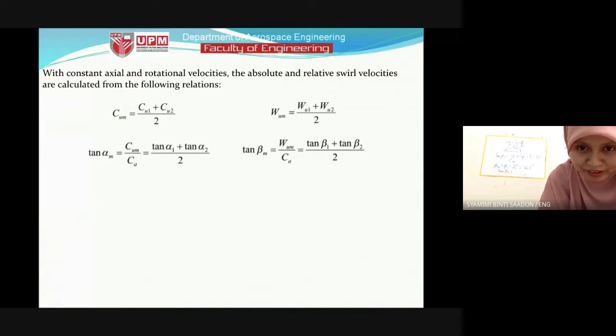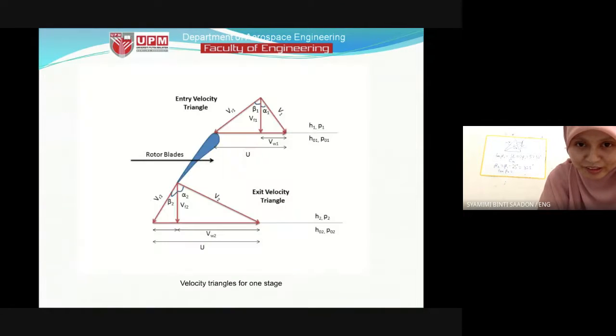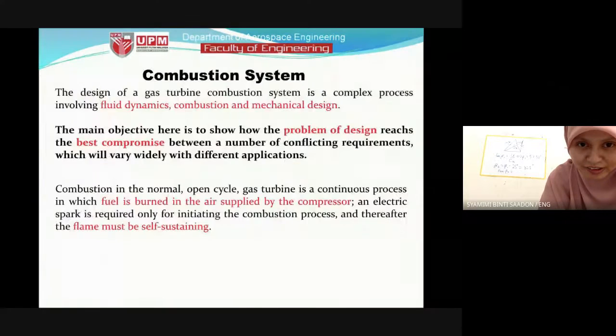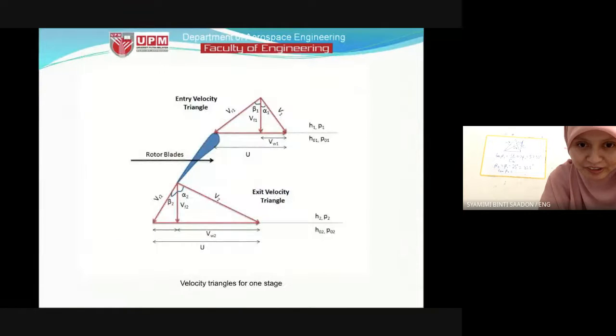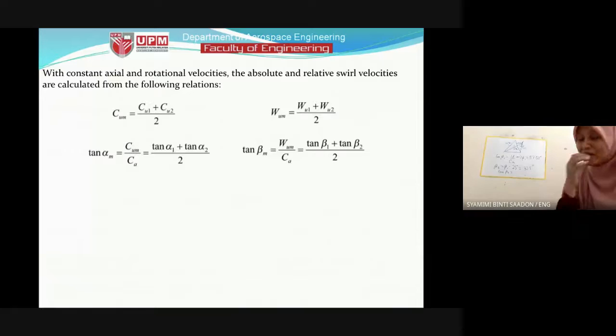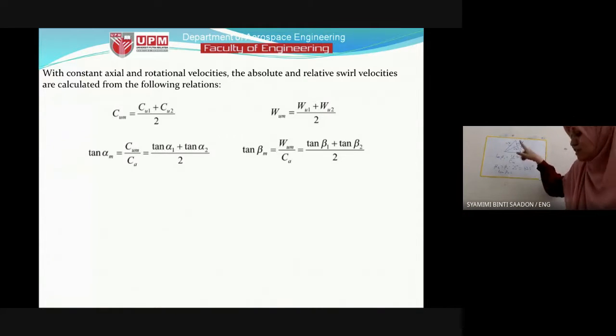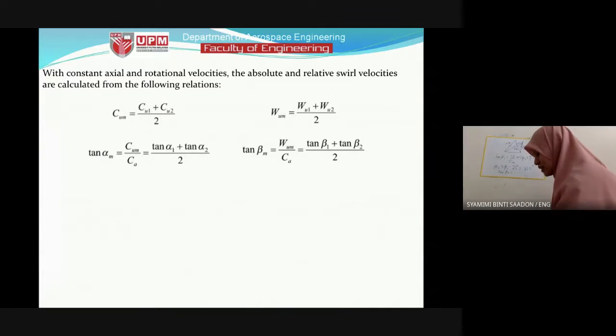We can get the equation for tangent from the velocity triangle that we have sketched.